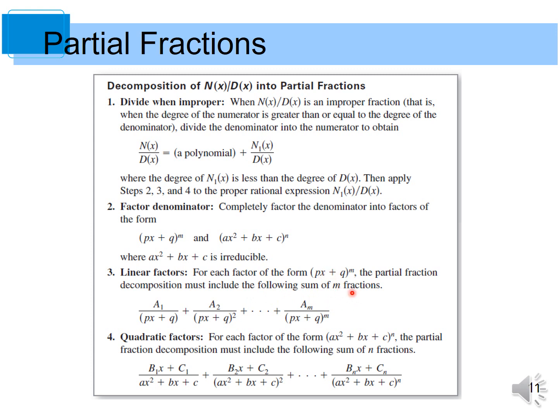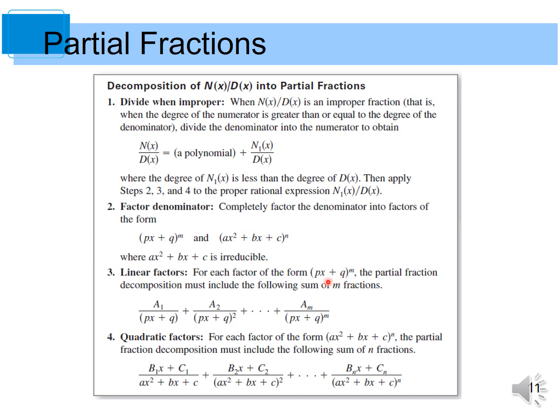For example, if the order m is 2, a square, the partial fraction is a1 over (px plus q) plus a2 over (px plus q) squared. Because when we have a square here, we call it a repeated linear factor.